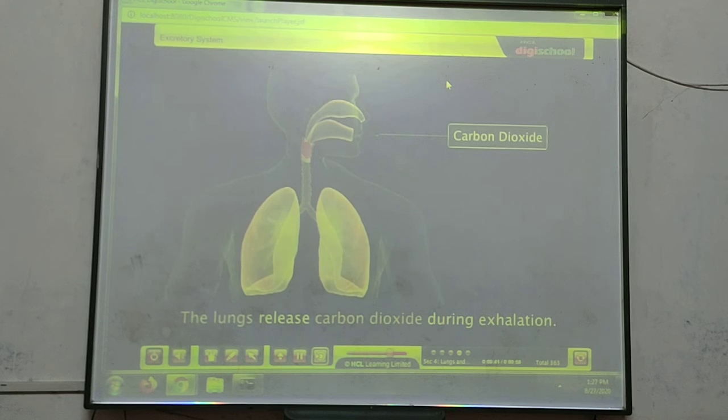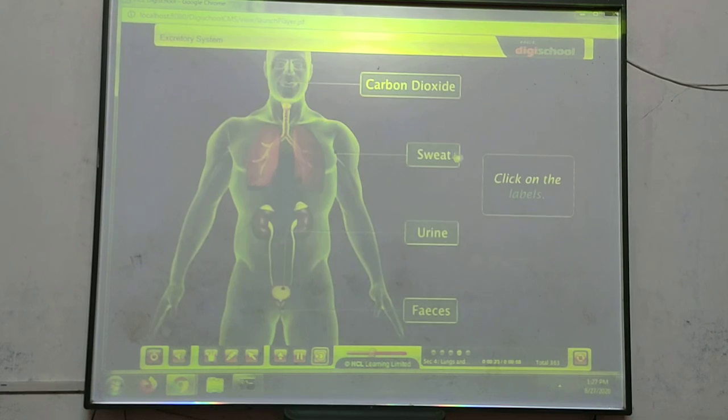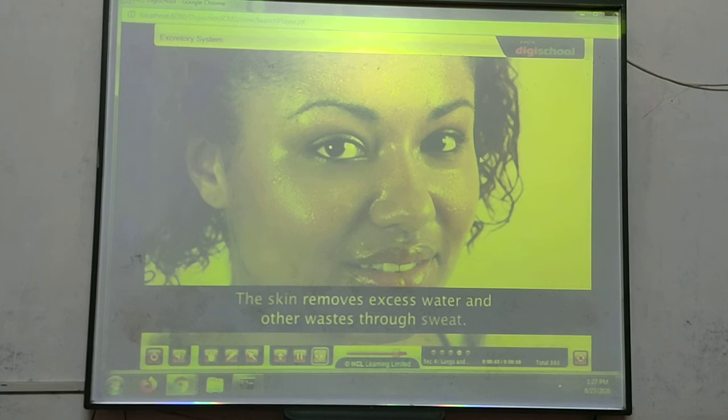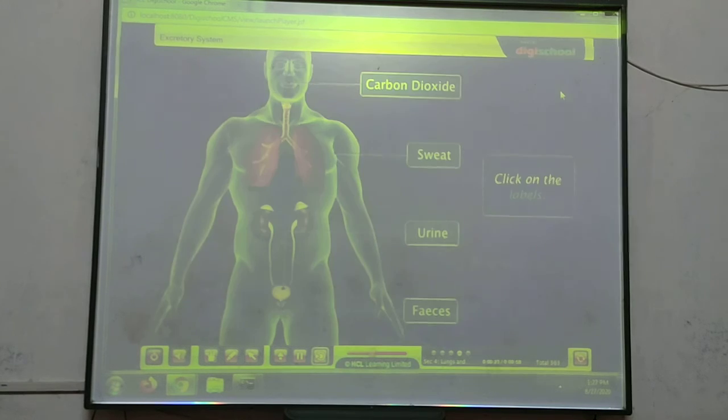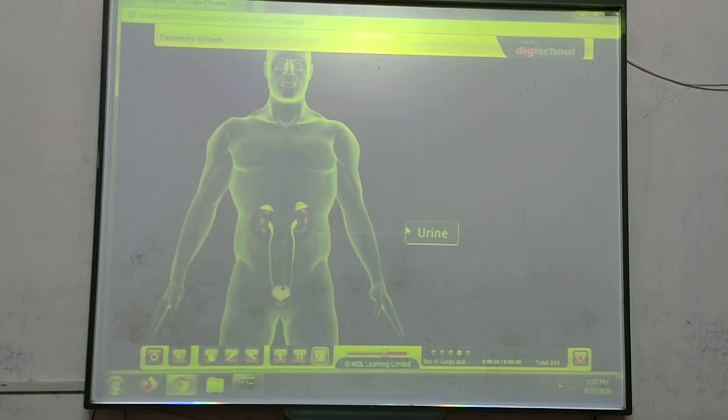Carbon dioxide is removed through the respiratory system by exhalation. The skin gets rid of wastes such as excess water and salts through sweat. Urine is removed through the urinary system with the help of a pair of kidneys.